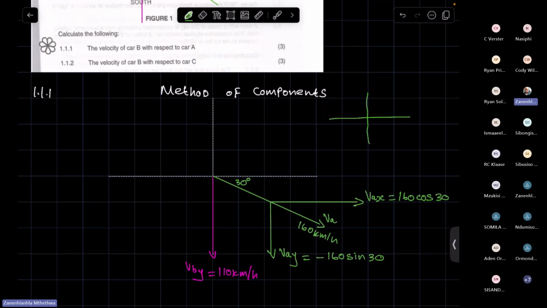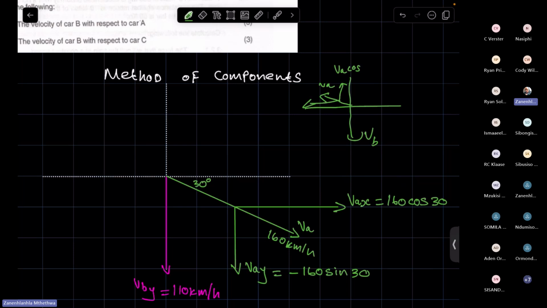Here's a Cartesian plane. So we draw A in that direction. That's VA. And that's VB. That's what you're saying, right? Yes, sir. And then we'd have these two components. You'd have VA. This is VA cos, not this.